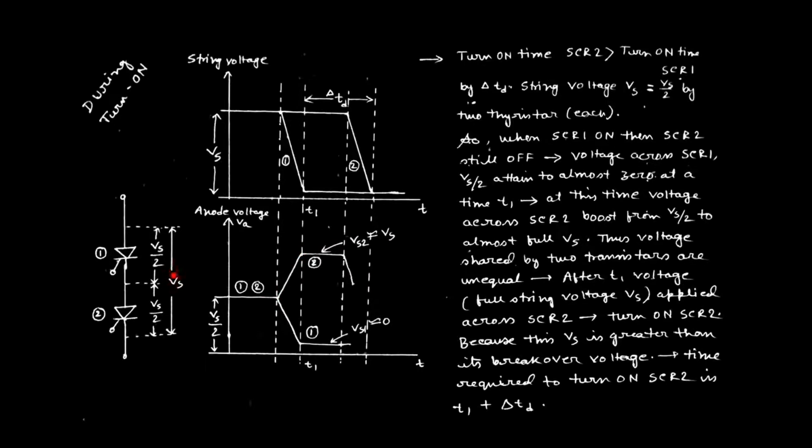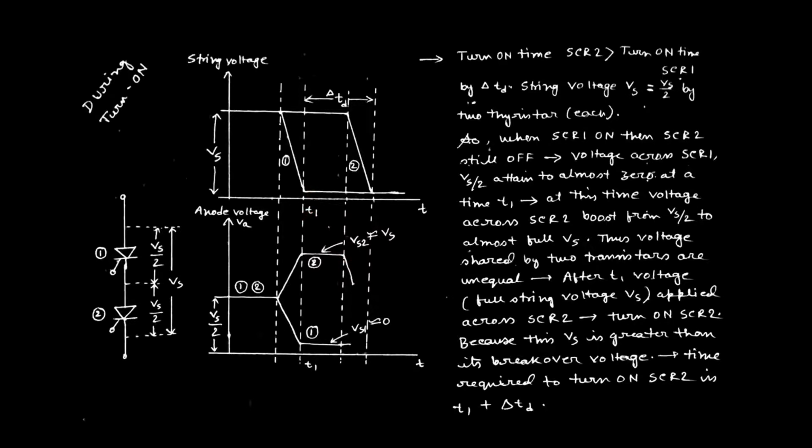Because the string voltage is Vs, the voltage across SCR2 boosts. Similarly, on this axis the SCR1 voltage falls and the SCR2 voltage is Vs, the same up to the point T1.